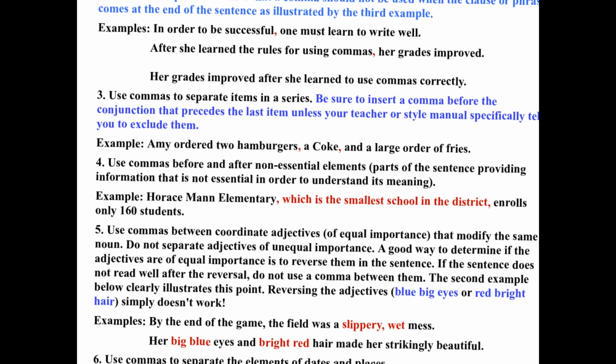If we were to take that out of the sentence and we just had Horace Mann Elementary enrolls only 160 students, would that still be a sentence? Absolutely. Yes, it is. You take it out. So you need to put commas around those types of phrases.